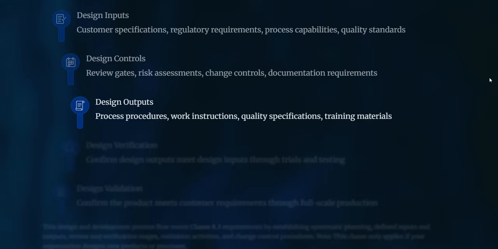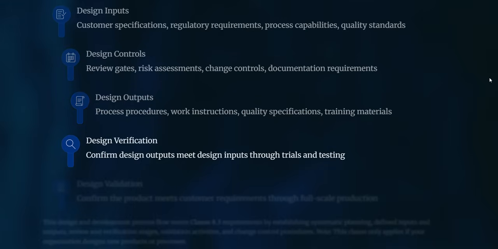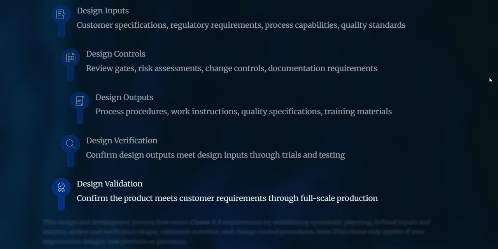Once you are done with design outputs, then you move to design verification, which must include the following: confirm design outputs meet design inputs through trial and testing, like we said earlier. You must test before you roll out. Once you are done with the verification, then the design validation, which must include confirming the product meets customer requirements through full scale production.